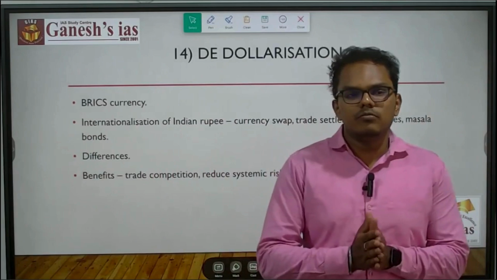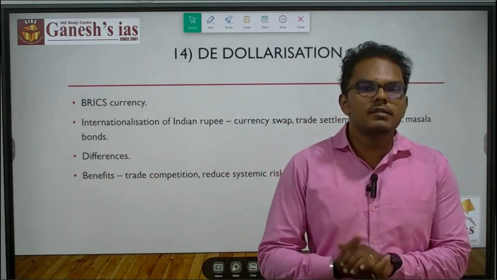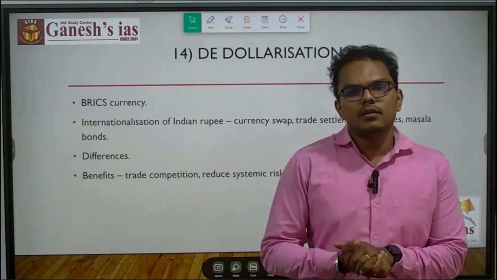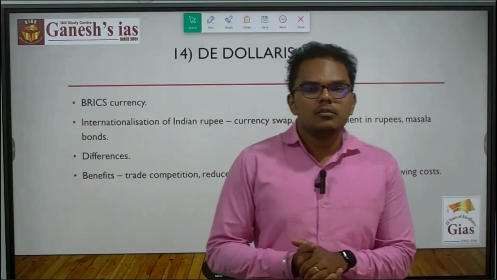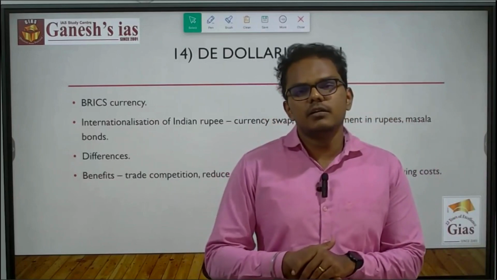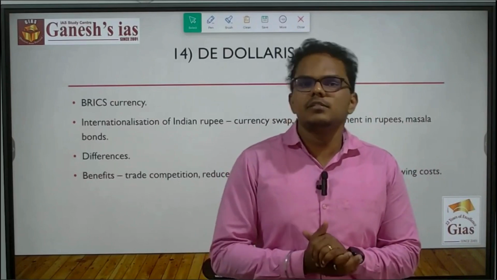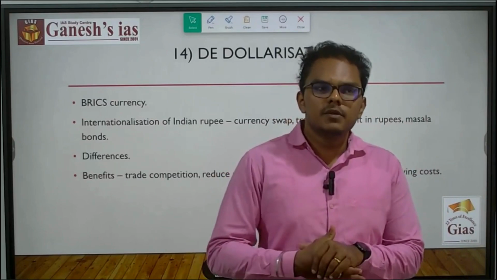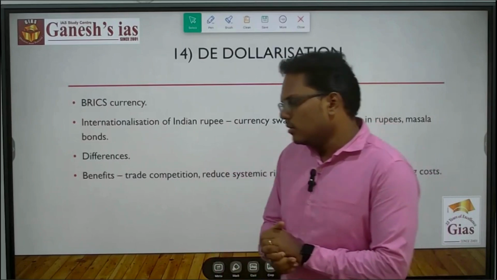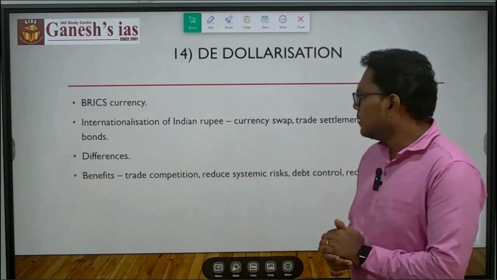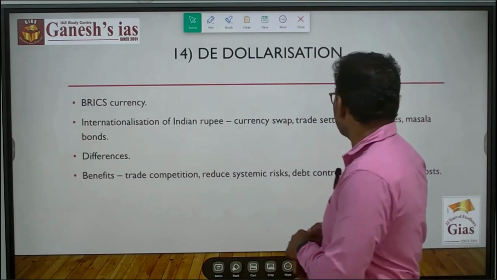We would have gone for a currency swap agreement. Your currency swap agreement is where you exchange your rupees with dollars or the currencies of other countries. I think we have gone in for a currency swap with Japan, and with Sri Lanka, if I'm not wrong. But Japan, sure we have done. So that is internationalization.